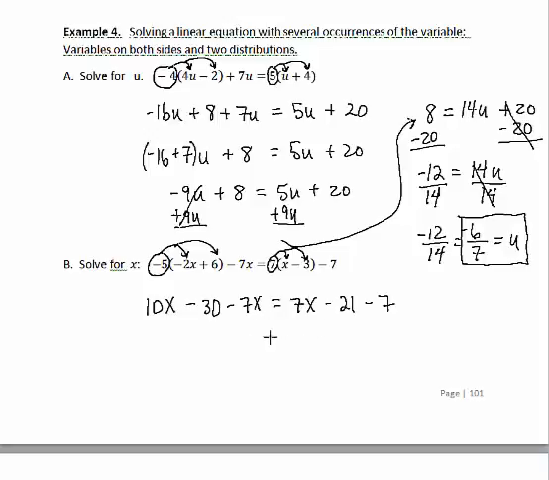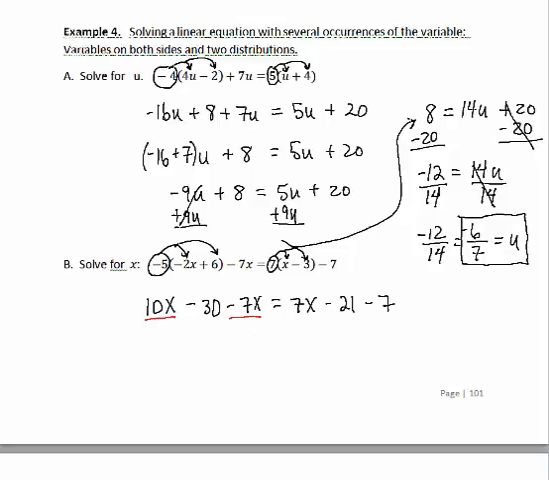Because there's some terms on those sides that we can combine before we start trying to jump across the equal sign. So, on the left side, we have a 10x and a negative 7x that are like terms.